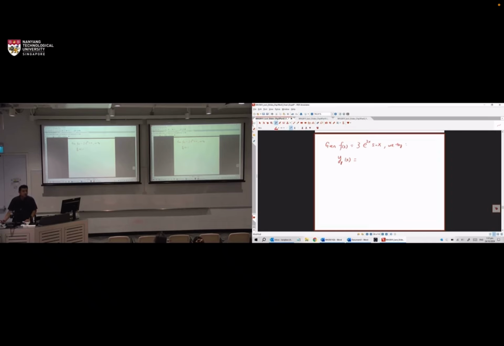I will try e^2x for sure, and then inside here is sine x. When you see sine x, you cannot run away. It will be a sine x plus b cosine x. If you see sine, you have to include sine and cosine.